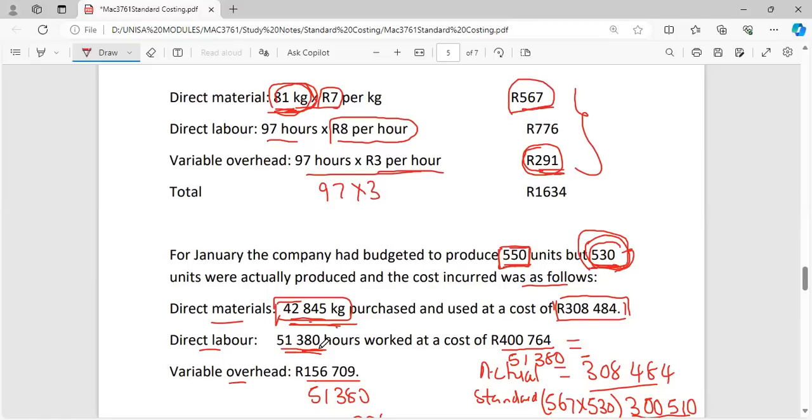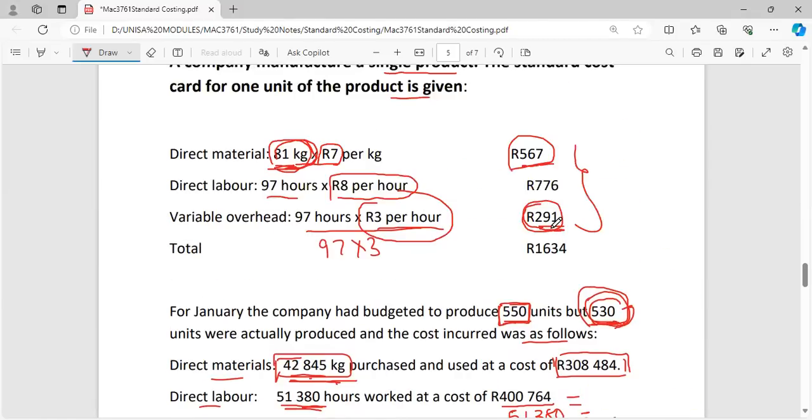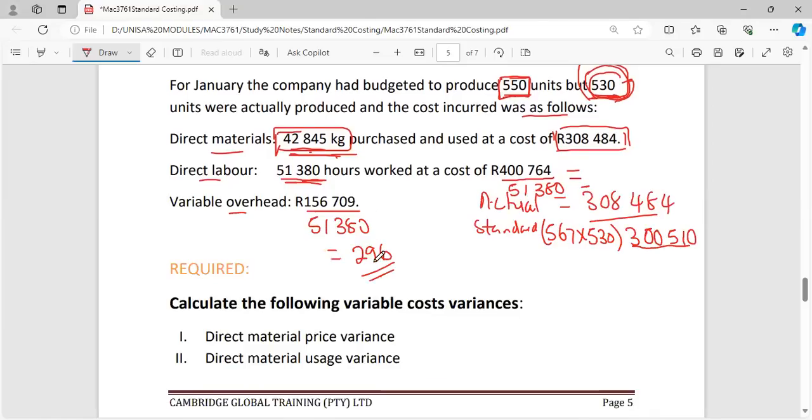We're not going to use the hours. If we wanted to use the hours, then we would determine the rate per unit. But what we have here is the full cost. So we're now going to look at the standard against these actual units.